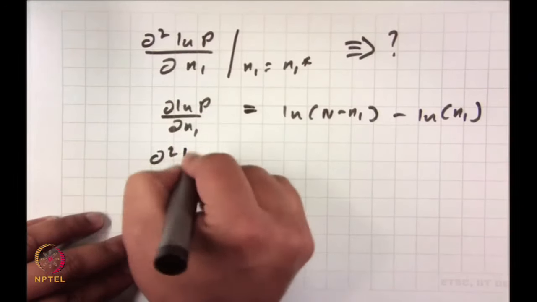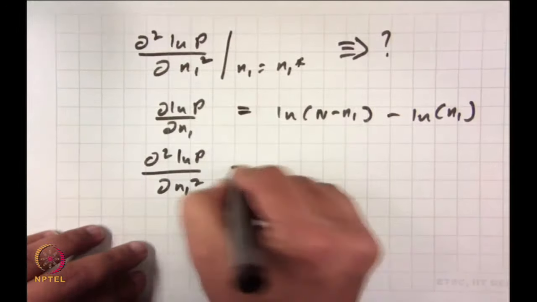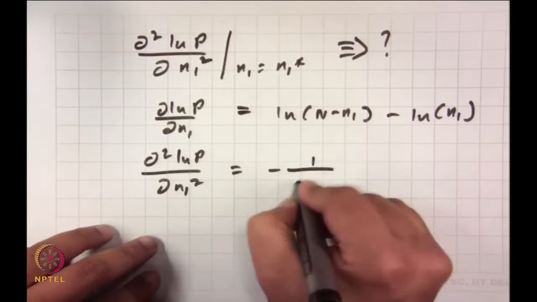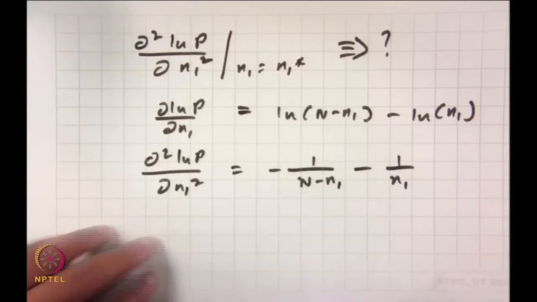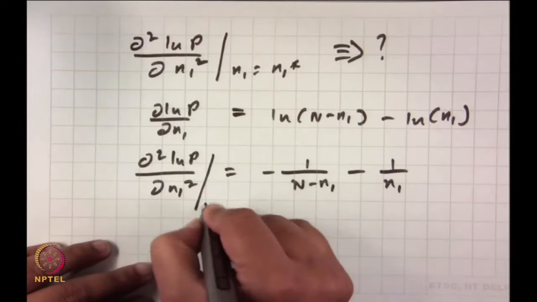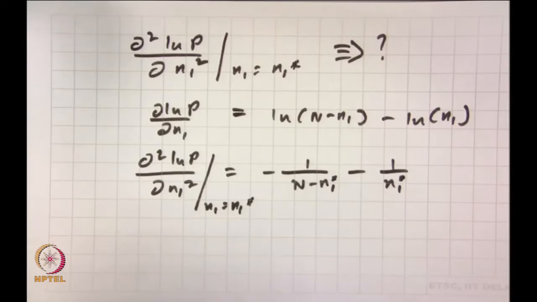So, del 2 ln p over del n1 squared is equal to, now what about the first one, minus 1 over n1, and the next one 1 over n1. Okay. And remember, we are doing it at n1 star. So, if I now put n1 is equal to n1 star, I can write this as n1 star.